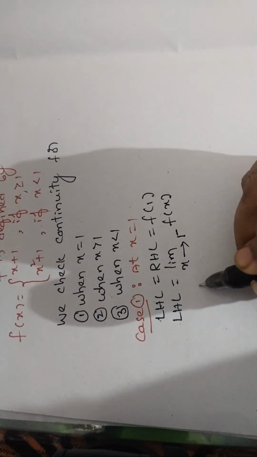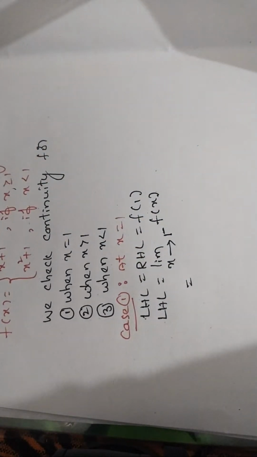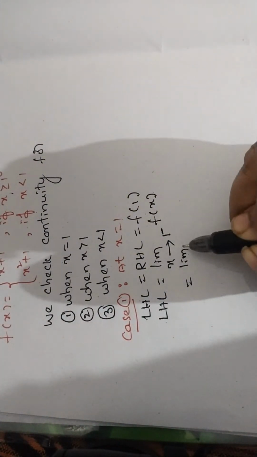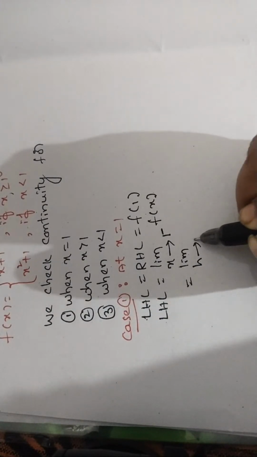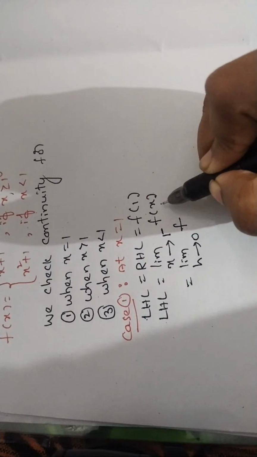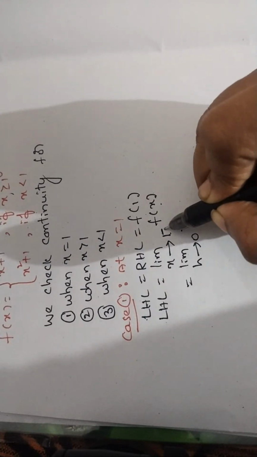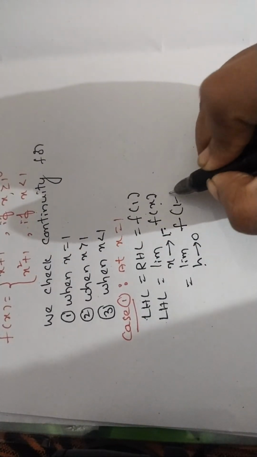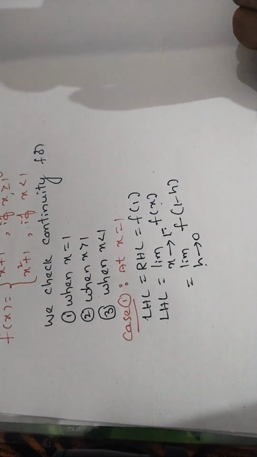Now I will start from 0, h tends to 0. The x in f of x is replaced by 1 minus the new variable h, so f of 1 minus h.